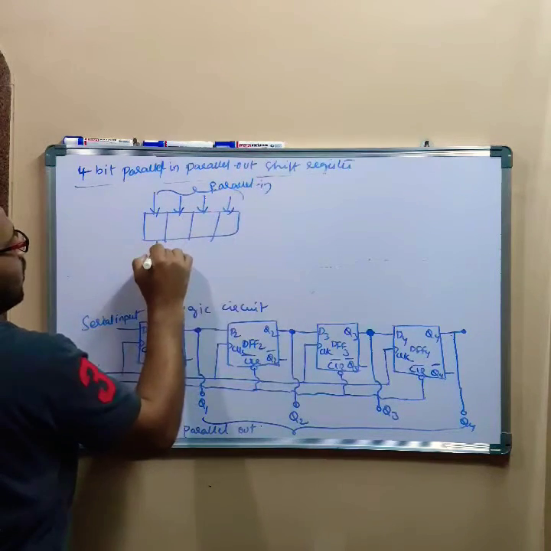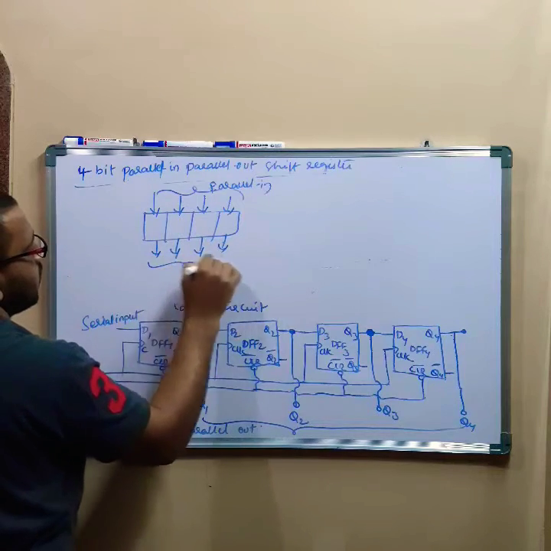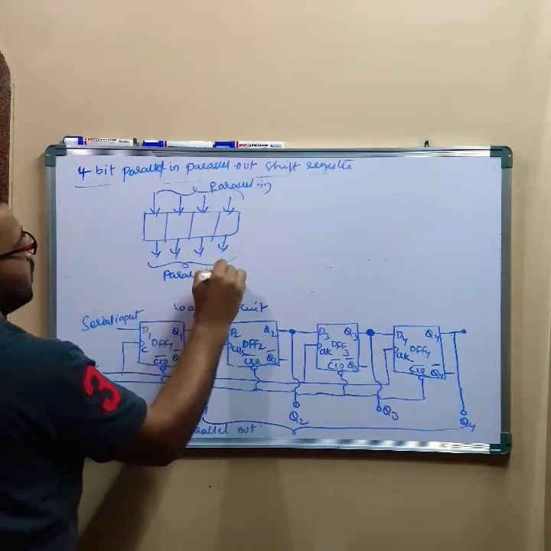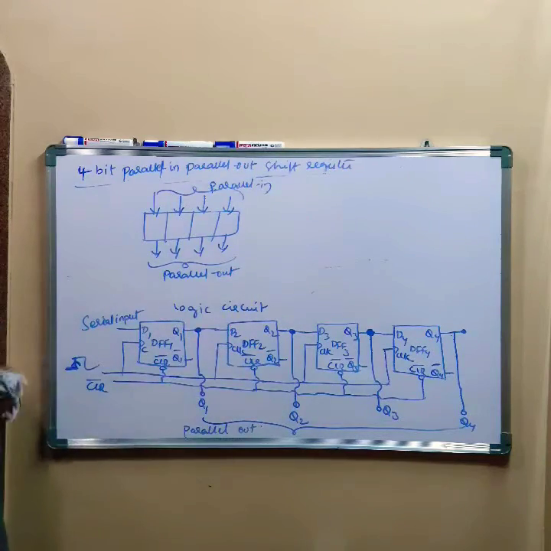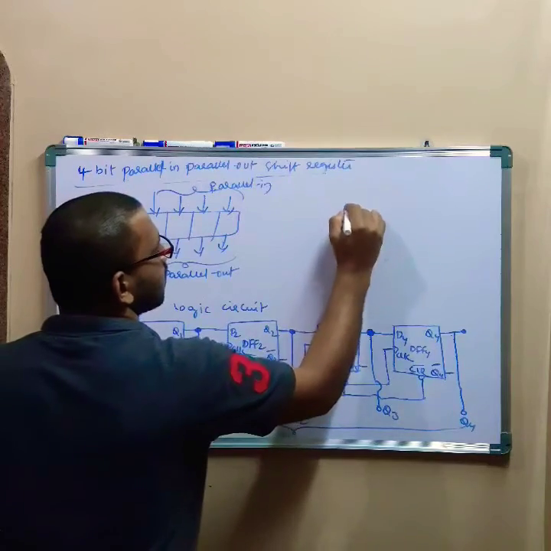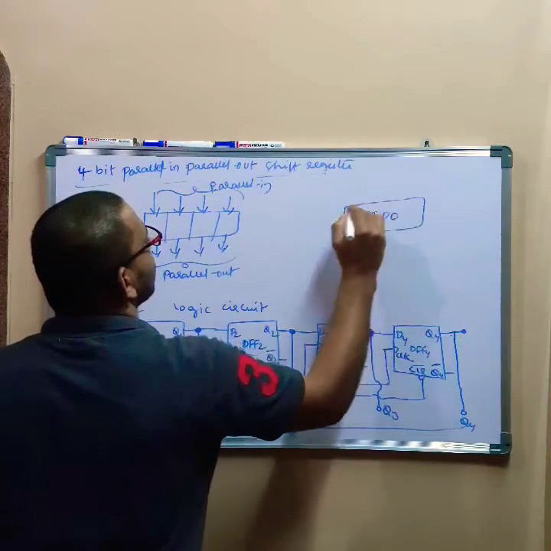Parallel in, you are retrieving all the bits of data from the register at a time by using a single clock pulse, right? So the logic symbol is this one, parallel in, parallel out.